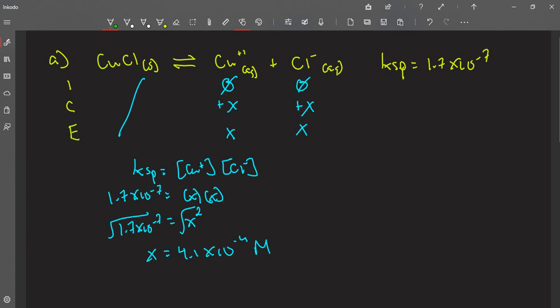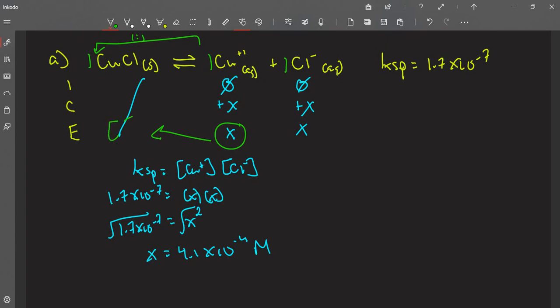Considering going from 1 mole, fortunately this is all 1-to-1. If we know the value of x, which we now do, and we know that it's in a 1-to-1 ratio, then whatever concentration we get for copper or chloride, since it's all 1-to-1, the concentration of copper and chloride is going to be the same value.